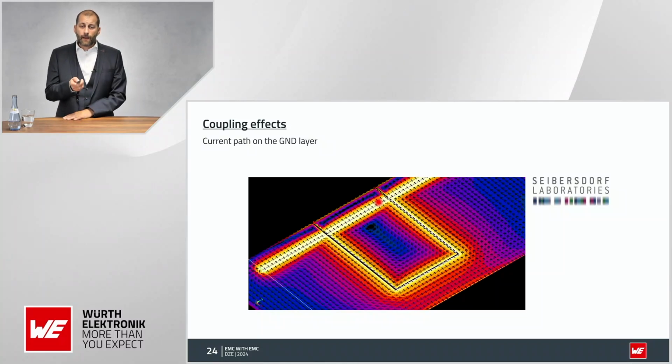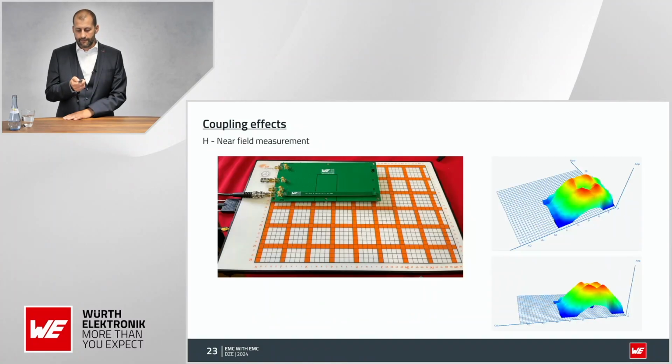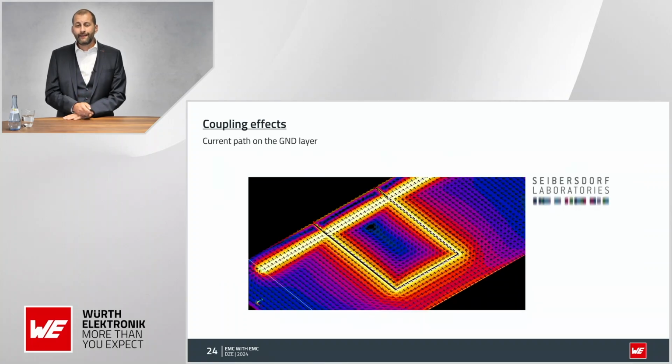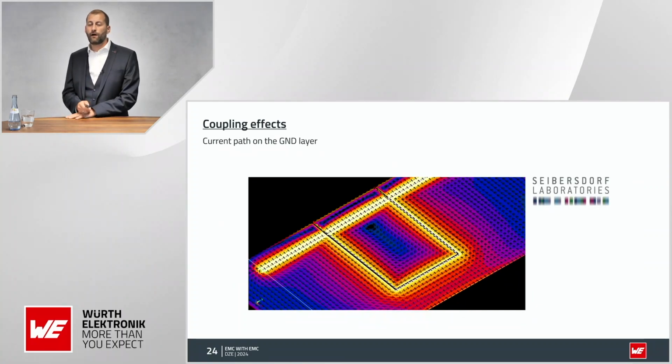And why is it bigger in this area than in this area? Well, because in this area we have the top transmission line, like seen here. This part is also inducing eddy current on the bottom ground plane.